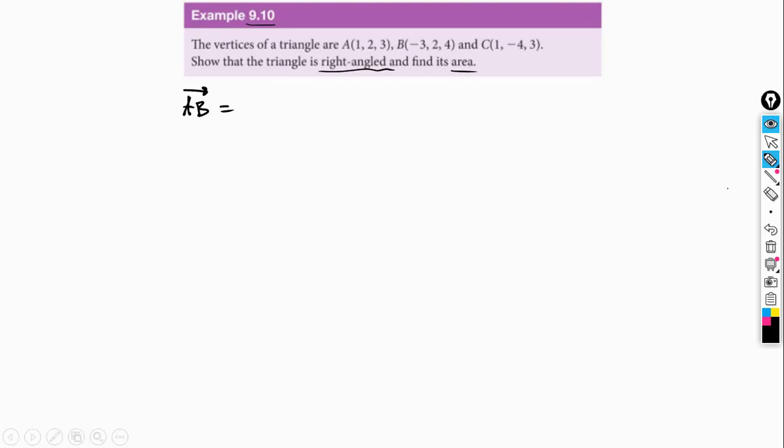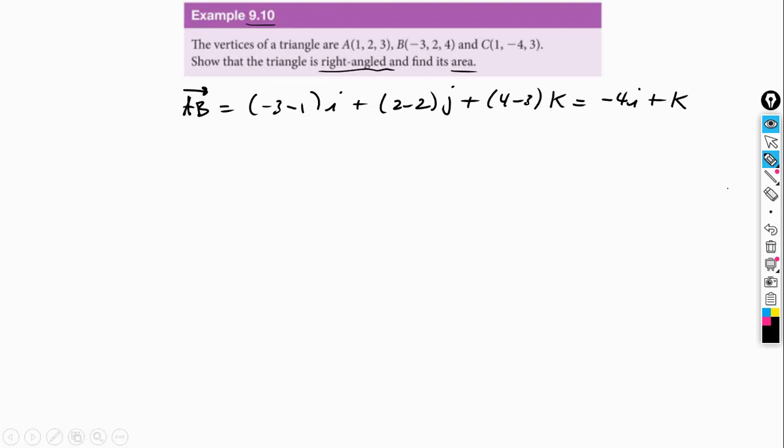is going to equal minus 3 minus 1, this times i, plus 2 minus 2 times j, plus 4 minus 3 times k. And this is going to give us minus 4i plus k.